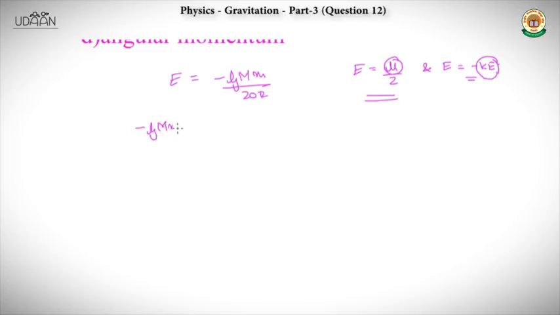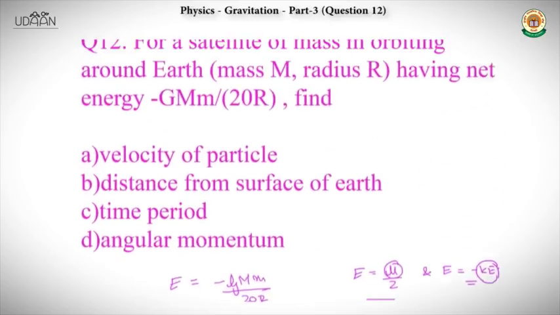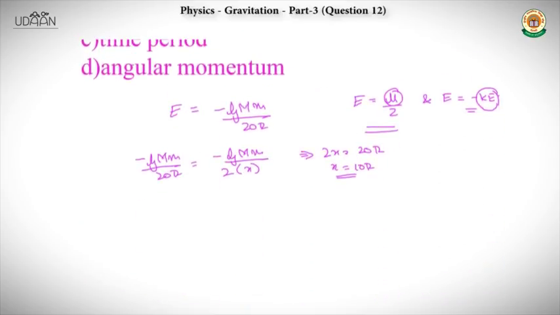Minus GM upon 20r will be equal to minus GM upon 2x, where x is the radius. So 2x comes out to be 20r and x would be equal to 10r. So our distance from the center of the planet, in this case Earth, would be 10r.